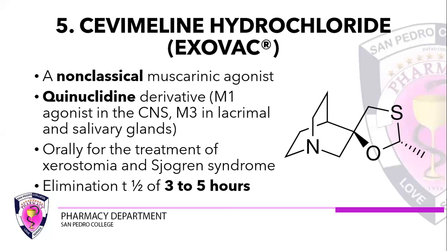Third one, bethanechol, is specific for the muscarinic receptors and is also orally stable. And the other drugs, pilocarpine and cevimeline. By the way, the encircled part here is the quinuclidine part of cevimeline.